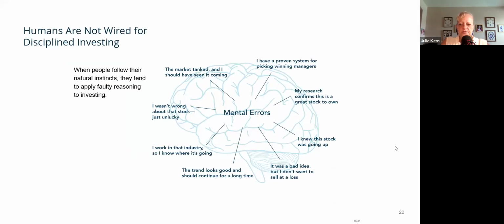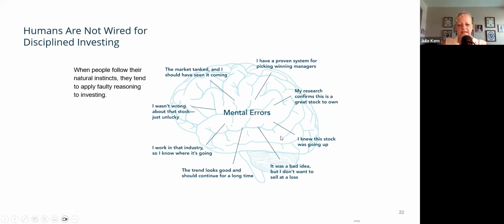And this slide is really just to show how our brains tend to work against us when it comes to investing. These are some of the common thoughts that people might have, like the market tanked and I should have seen it coming, or I have a proven system for picking winning managers, or the trend looks good and should continue. All of these are really just guesses about what's going to happen in the future.